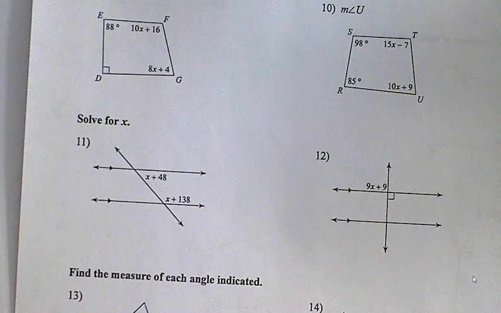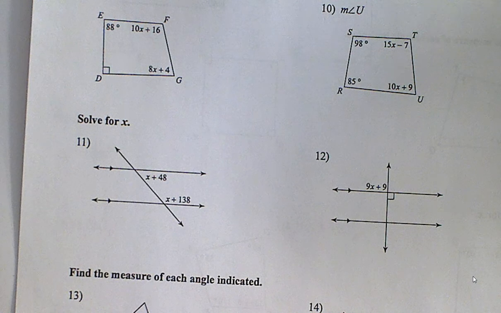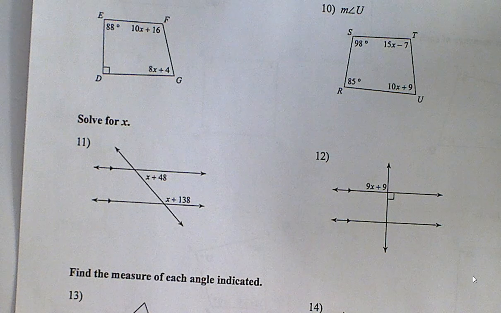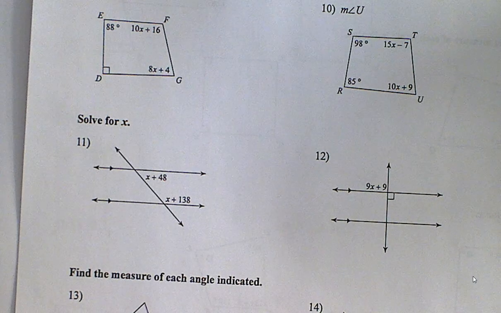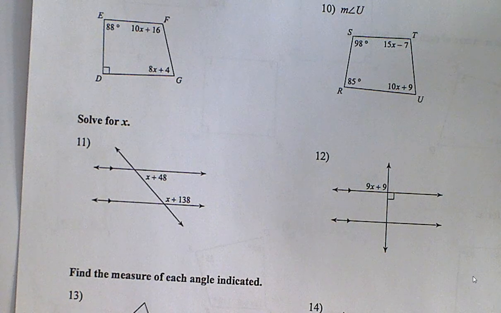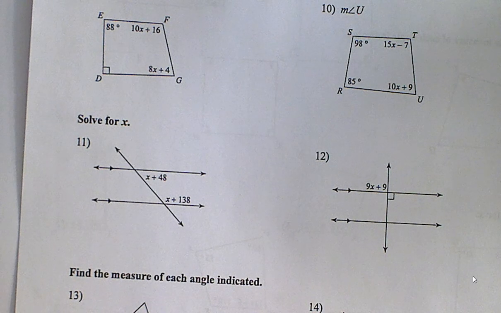For 9 and 10, you are solving for x, but then also finding the measure of the angle. Okay, for 11 and 12, it's review, and 13 through 18, it's review, but make sure you're paying attention to what the instructions are telling you to find. If it says find x, find x. If it says find the measure of the indicated angle, substitute x in and find the measure of the indicated angle. Okay?